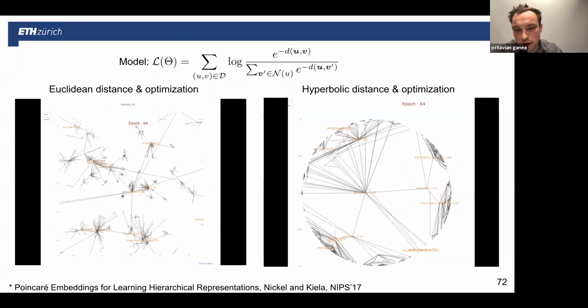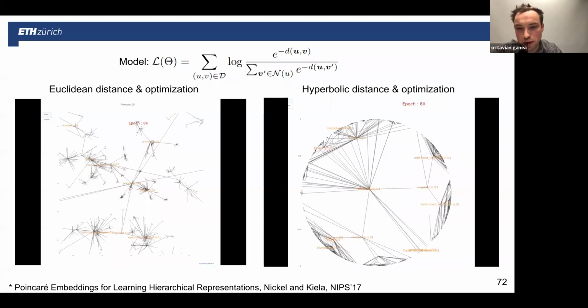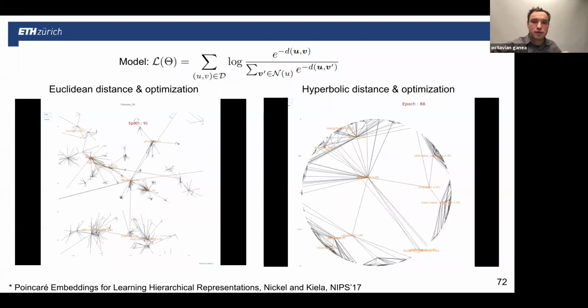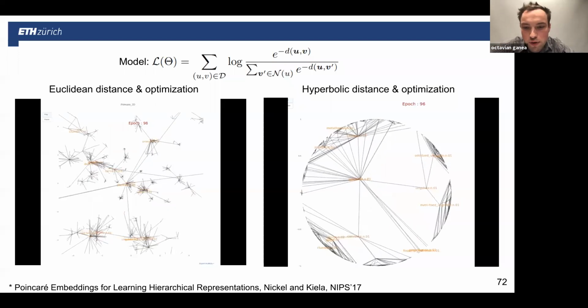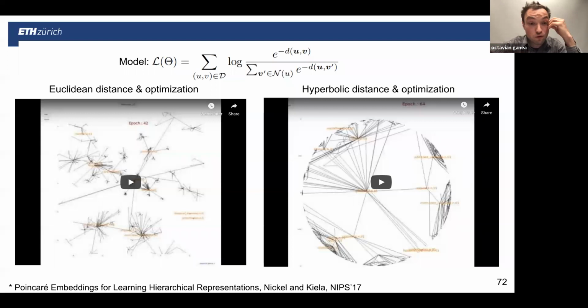But in the hyperbolic space, on the other side, it looks much better. They seem to be organized and disentangled. The branches of the tree seem to be well disentangled. Of course, it's not perfect, but if you increase the dimension, if you set it to 5 instead of 2, then you actually get almost perfect disentanglement. So maybe this gives an intuition of why these spaces are nice.